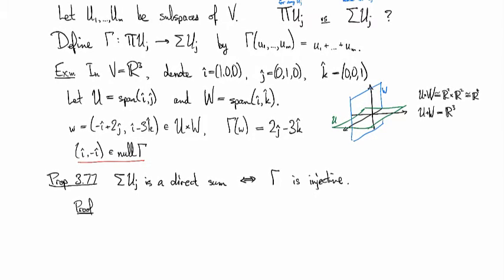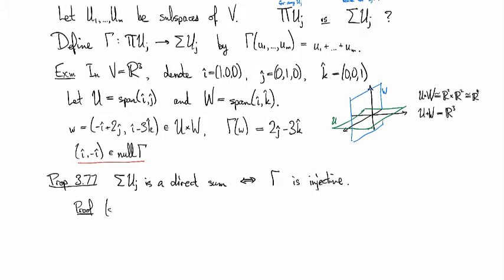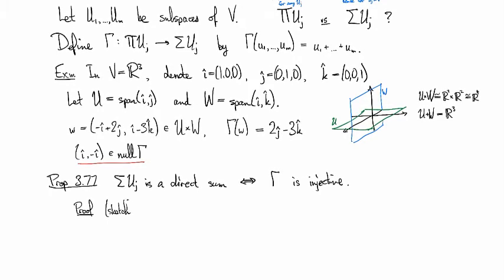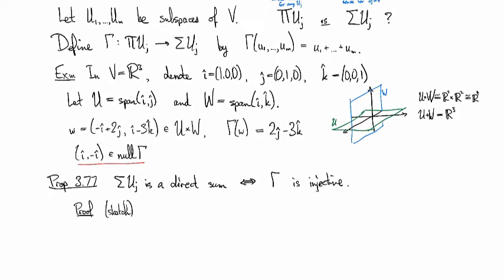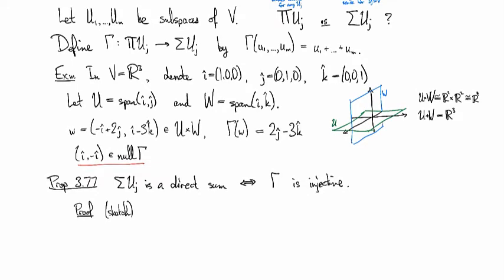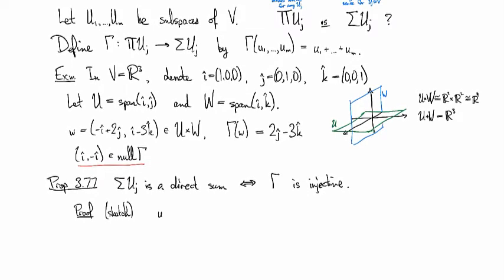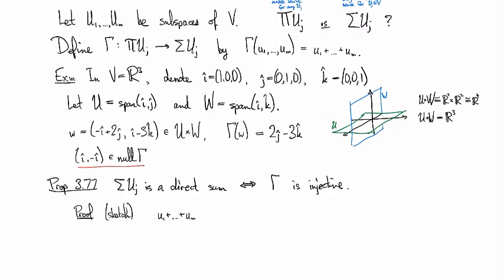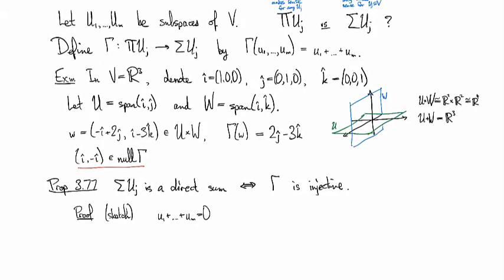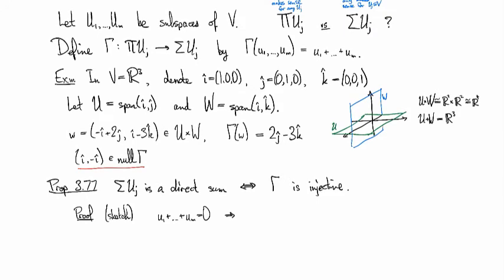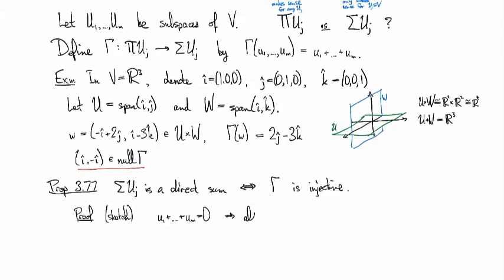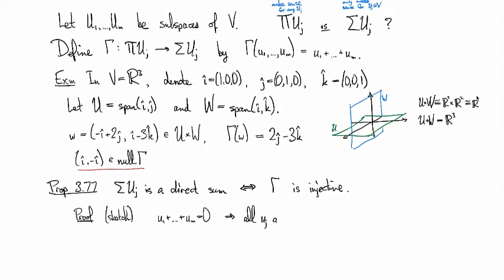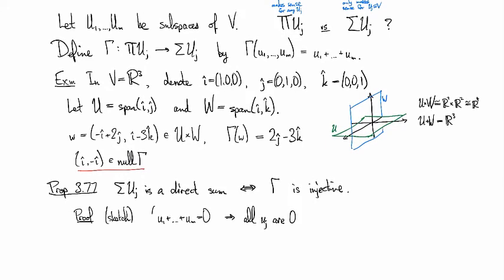So for the proof, I'm actually not going to prove it. I'll just give you a sketch of the idea. So we know that for a direct sum, U1 through UM summing up to 0 has to only occur when all UJ are equal to 0, right?